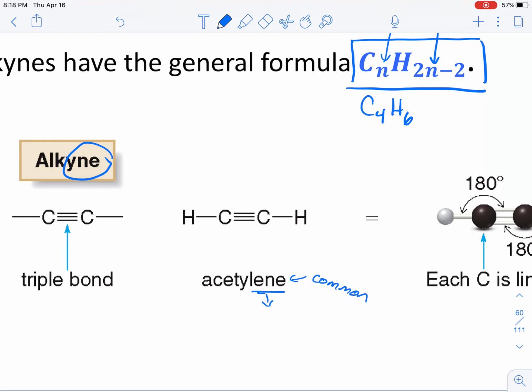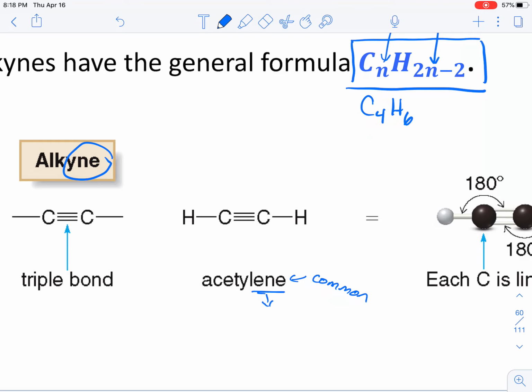It was termed in 1864 by a French scientist, Berthelot. I can't really pronounce the name. Anyways, it was termed in 1864 and it was kept that way.